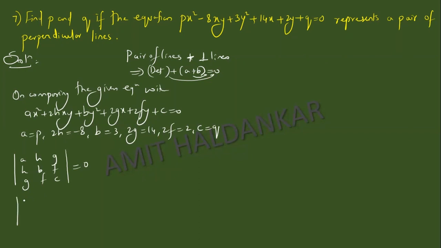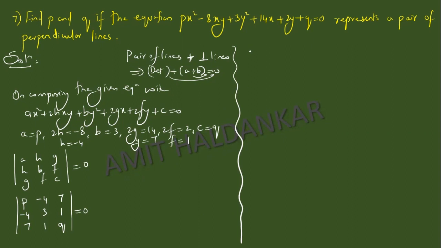Now, a is p, h is minus 4, because if I divide it, g is 2 sevens are 14, so g is 7, f is 1, b is 3, and c is q. So these are the values that you substitute over here.